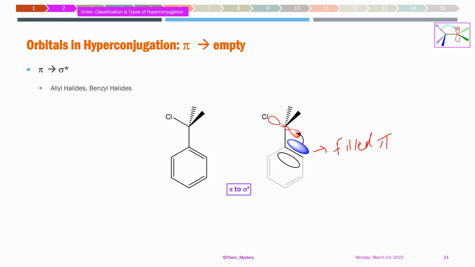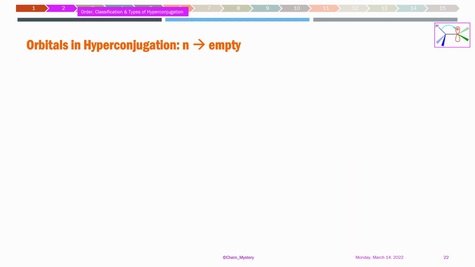So what was happening? This non-bonding electron which is present on this heteroatom Z is going into this anti-bonding carbon-hydrogen molecular orbital. And please note, when we are talking about electron acceptor ability, the carbon-hydrogen bond has very small electron acceptor ability. This kind of delocalization will not be as effective as when the sigma star orbital is quite electron demanding, something like a carbon-chlorine bond, carbon-fluorine or carbon-oxygen bond.